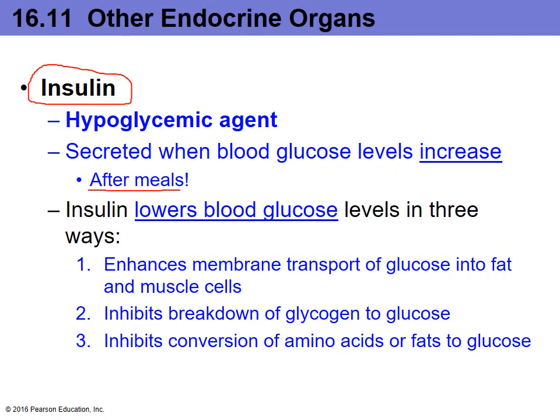So that basically means that it's going to inhibit gluconeogenesis and glycogenolysis. We don't want to break any additional sources down into glucose because we already have plenty of glucose molecules flowing around in the bloodstream, most likely due to the fact that we recently had a meal. So insulin is a hypoglycemic agent.